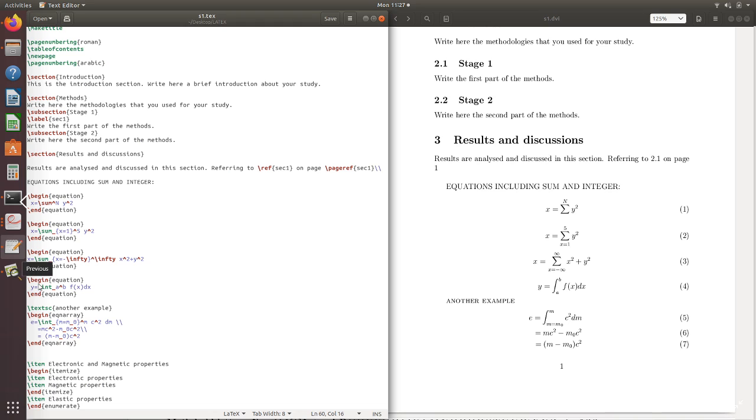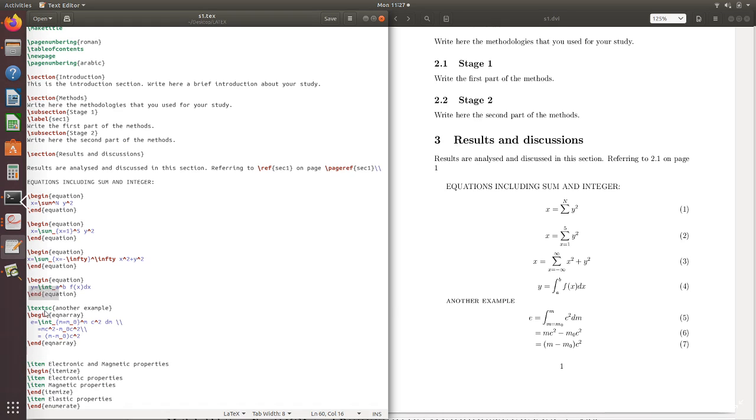So this will give you the integration sign with lower limit a and upper limit b, then f(x) dx. So it will produce y is equal to the integral from a to b of f(x) dx.